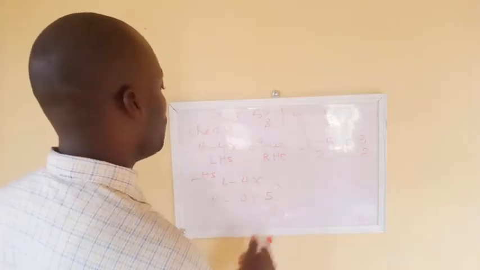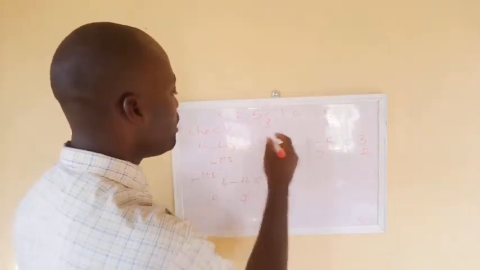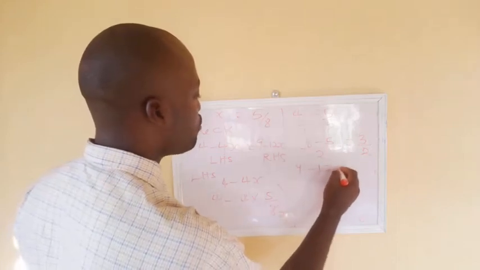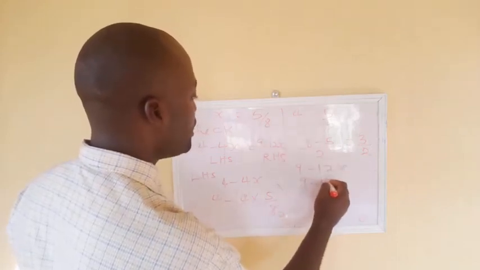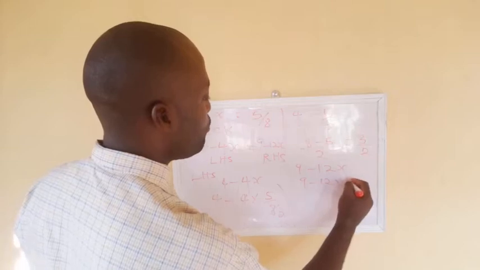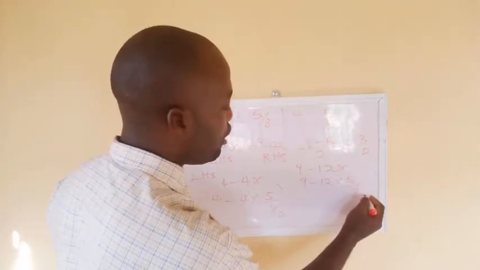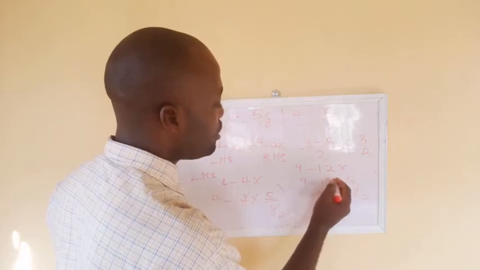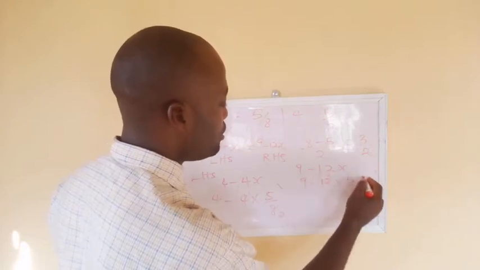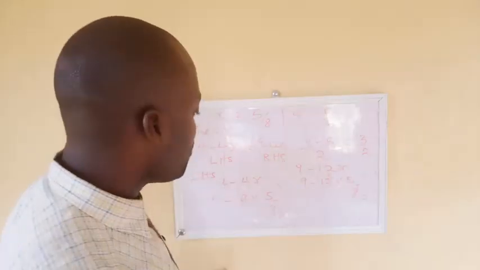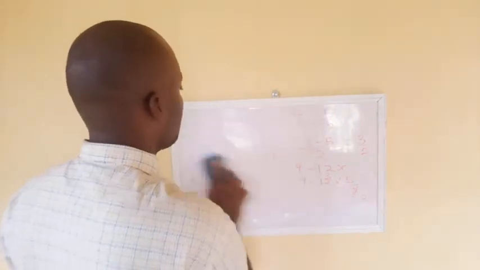3 over 2. In order to do the same thing to the right hand side, 9 minus 12x will also give us 9 minus 12 multiplied by 5 over 8. So how many 4 can we see in 8? That will be 2. How many 4 can we see in 12? That will be 3. Then we can clean this place.